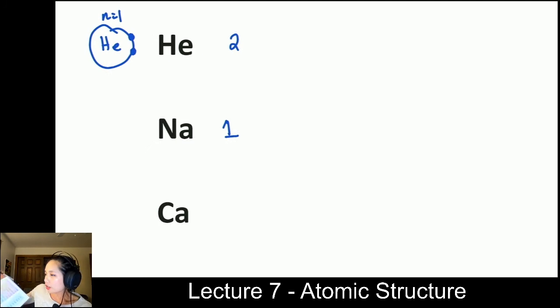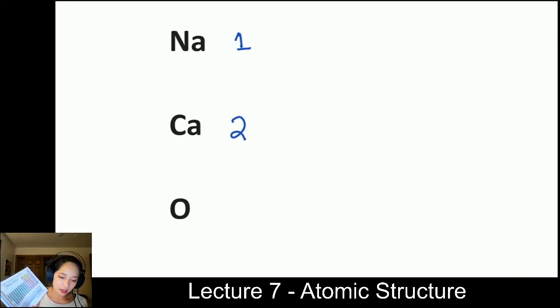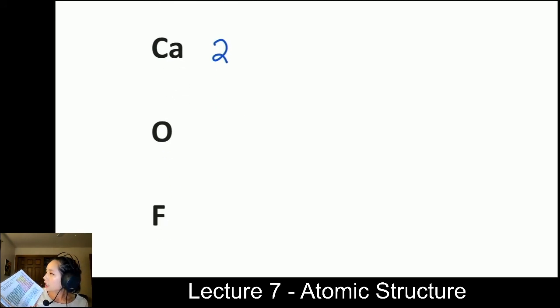But then sodium, because its inner shell is a neon core, its outermost electron is a 3s electron, so there's only one valence electron. Calcium is in group 2A, so that's 2 valence electrons. Oxygen is in group 6A, so there are 6 valence electrons. And finally fluorine, 7A, has 7 valence electrons.